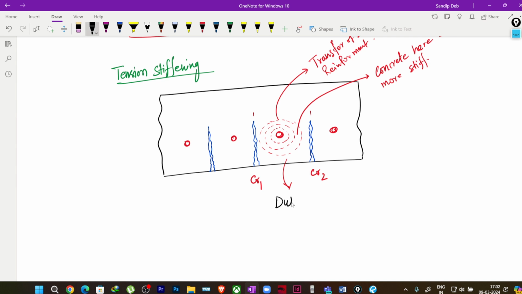Due to tension stiffening, okay, we understood the tension stiffening. What is tension stiffening?